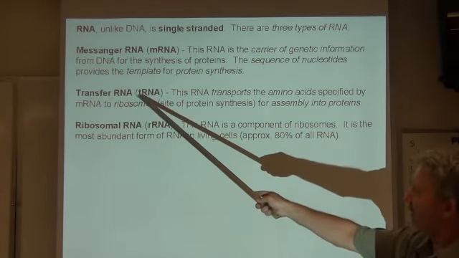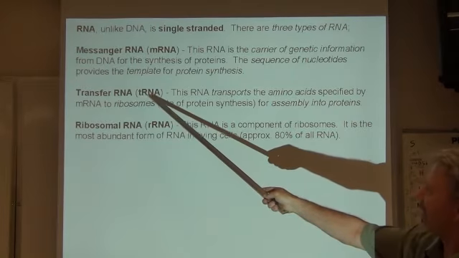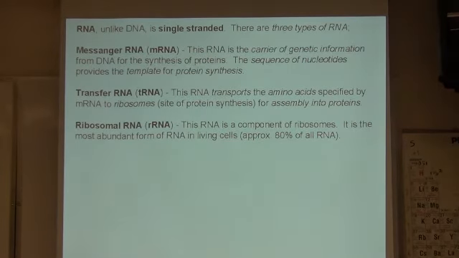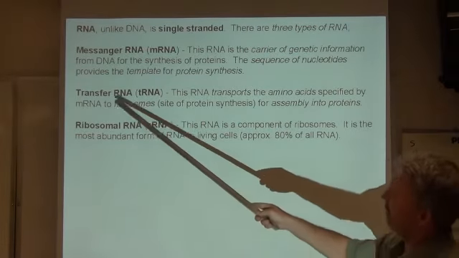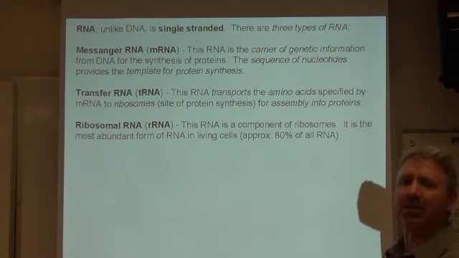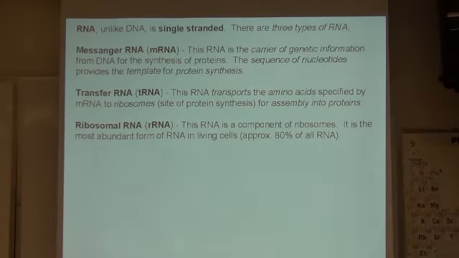Transfer RNA, abbreviated lowercase tRNA, this is what actually transports the amino acid at the direction of the messenger RNA. And we'll see the transfer RNA actually has an anticodon, which binds to the codon, which is a sequence of 3 nitrogenous bases on the messenger RNA.